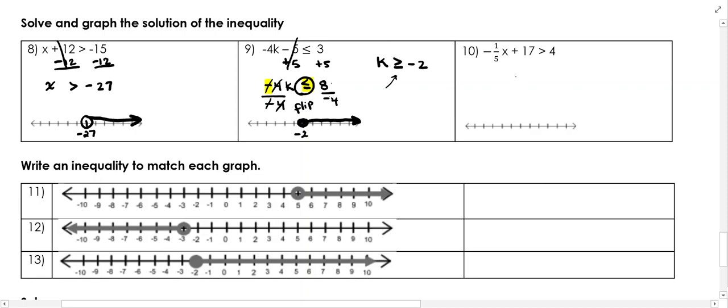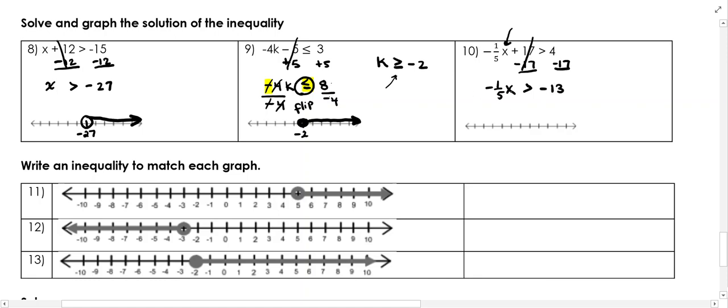All right, this one, we're solving for x, and x is right here. So we're going to subtract 17. Bring down this 1/5 x greater than 4 subtract 17. It's going to be negative 13. All right, but here's the thing.